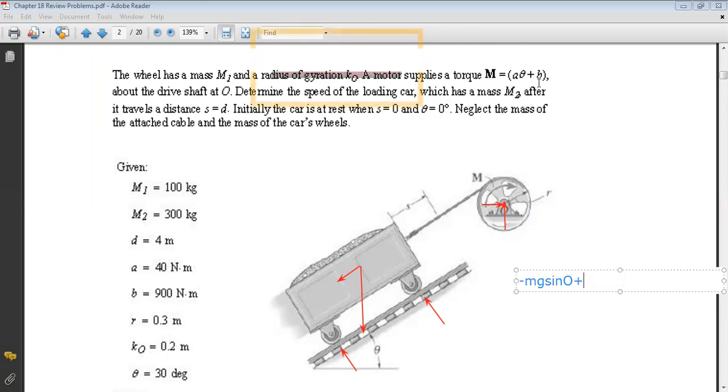So I should go back to integration: the integral of M d theta between theta 1, which is 0, and theta 2, which is the final value of theta. Now, did they give me the final value of theta?